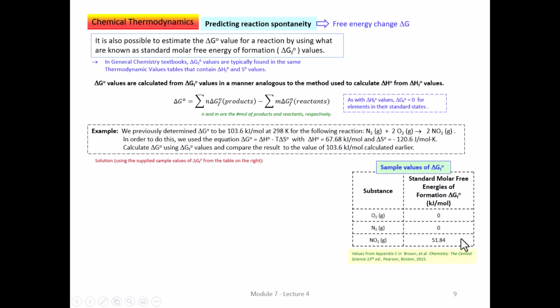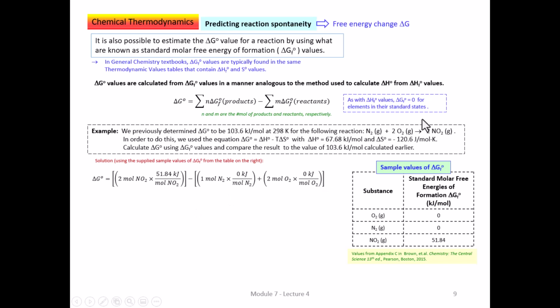Now, I put a table here on the right with just the standard molar free energies of formation values that we need. Of course, if you had a larger table, you'd have to get these values from the larger table. So in this case, delta G can be calculated by adding up the standard molar free energies of formation of the products.